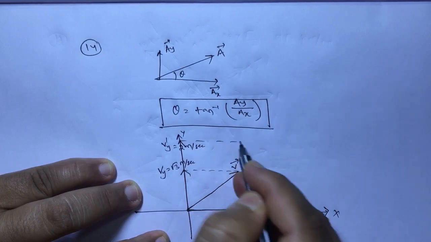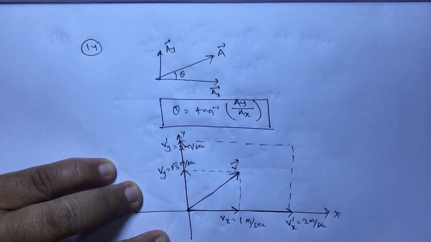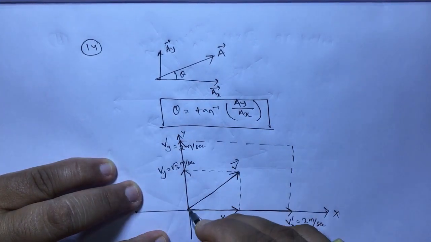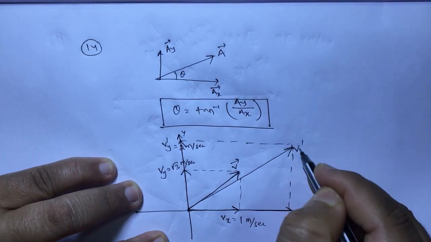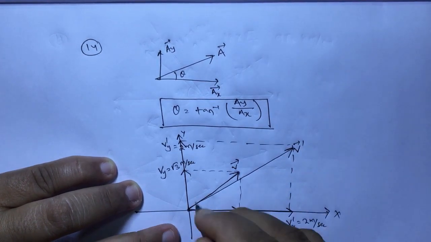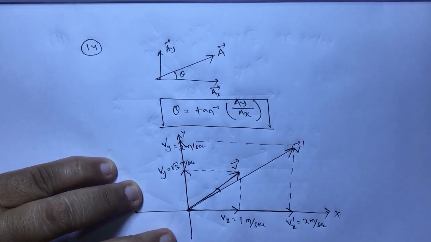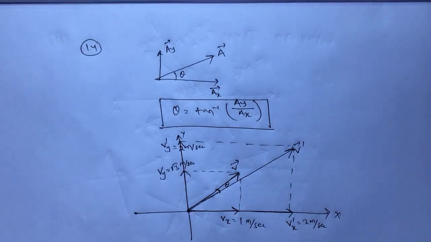So what will be the net velocity direction? You can draw it by using this vector plus this vector, because these are the components of the original vector. So this is the V dash vector. Now the question is, what is the angle between these two velocity vectors? This is the angle theta. That is the question.